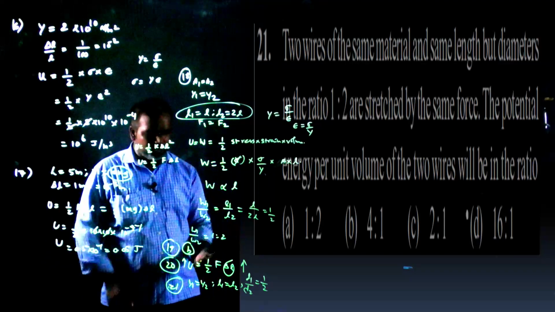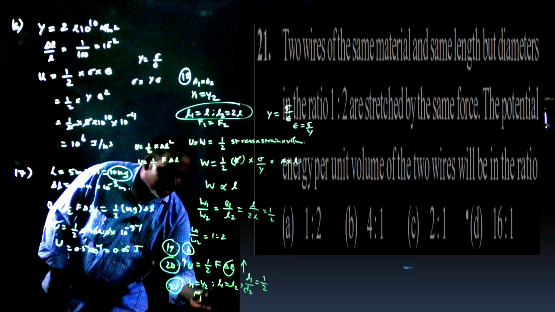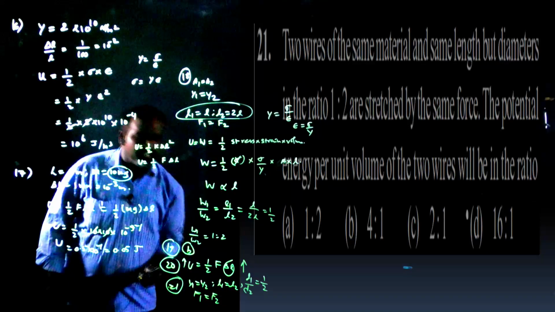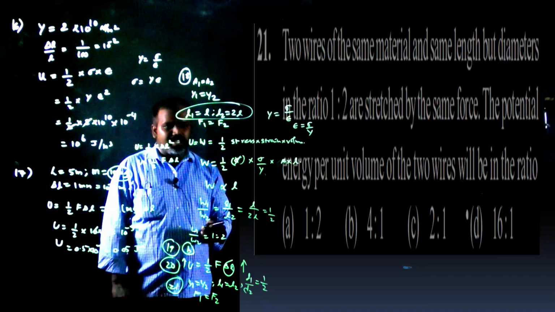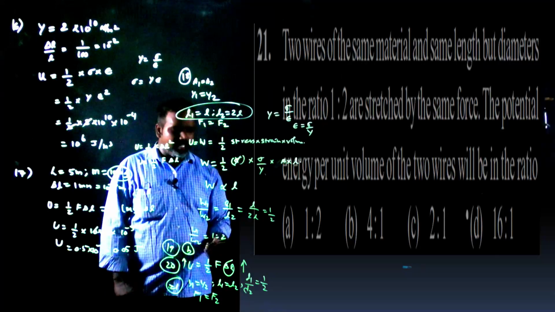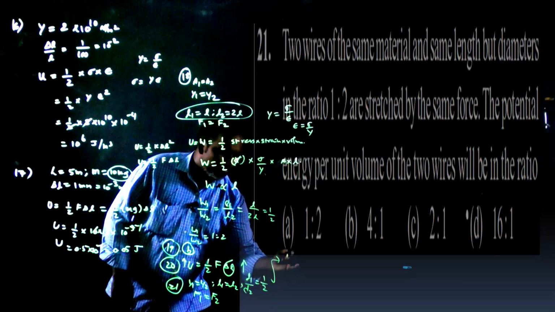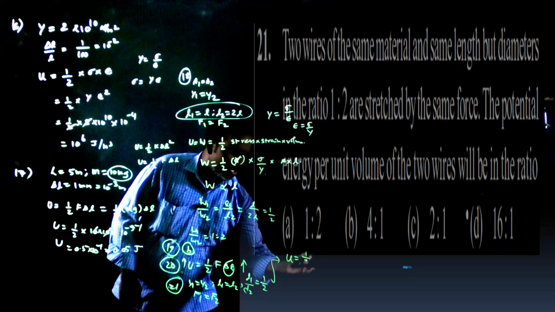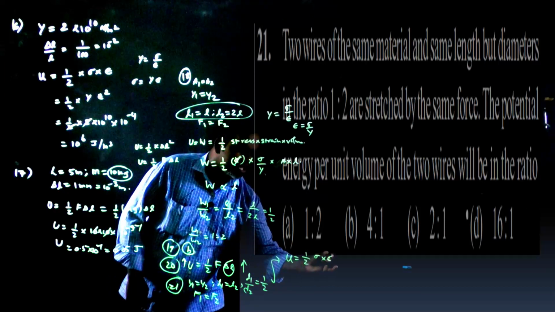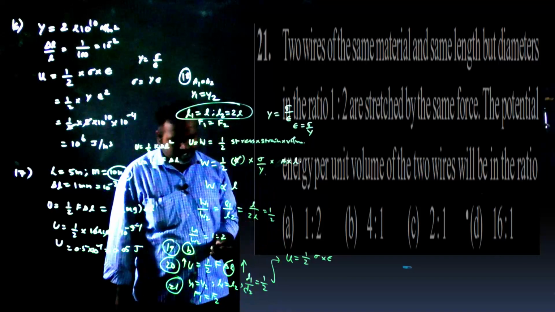Stretched by the same force, therefore F1 is equal to F2 also. So the energy per unit volume of the two wires. We know that energy per unit volume, small u, is equal to half of stress into strain. This is the data given to us.